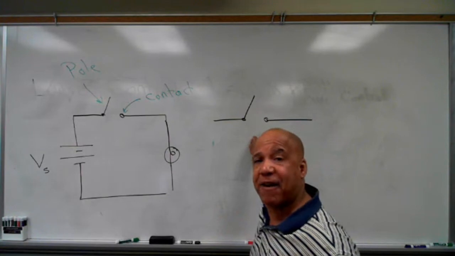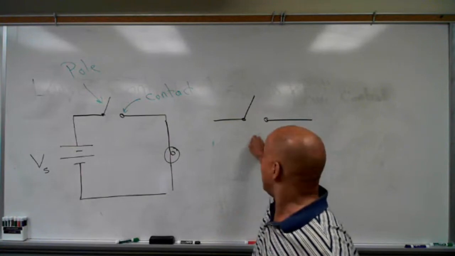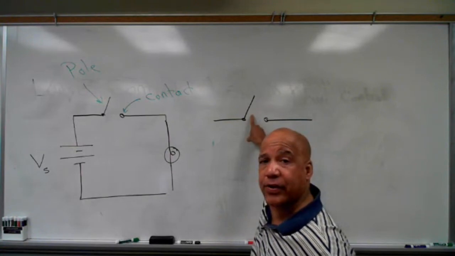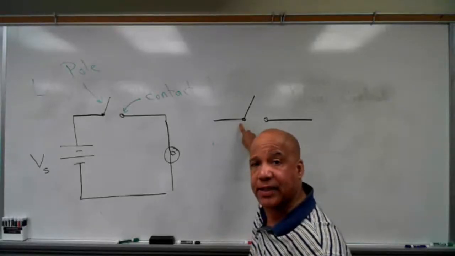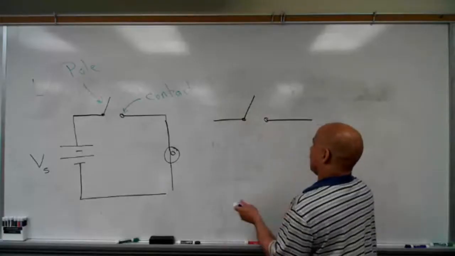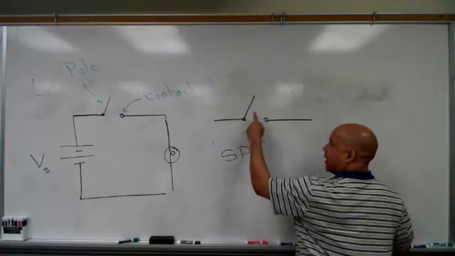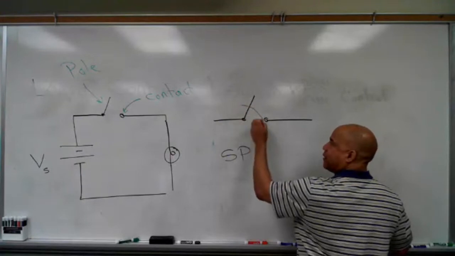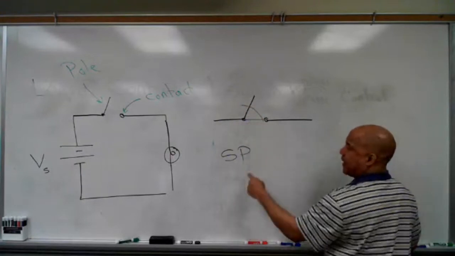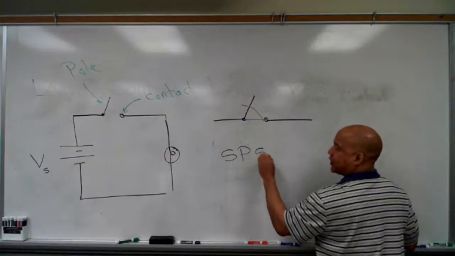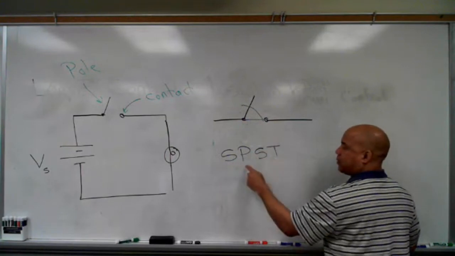The way you identify or name a switch is by looking at how many poles it has and how many ways you can move the pole or poles to touch a contact. So if I close the switch, I throw the switch this way, I have one pole, so I have a single pole, and I can only move that pole one way to touch a contact. So I would name that single pole, single throw, SPST.